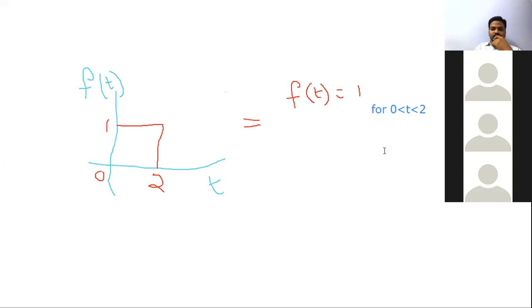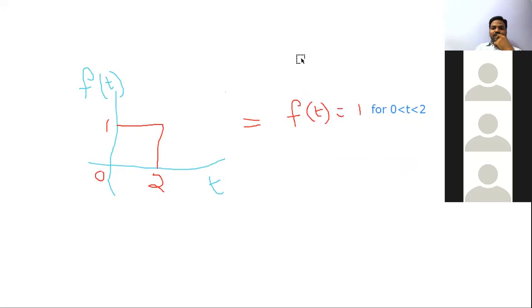Now please all of you look at this. f of t is equal to 1 for 0 less than t less than 2. That means from 0 to 2, f of t is equal to 1.